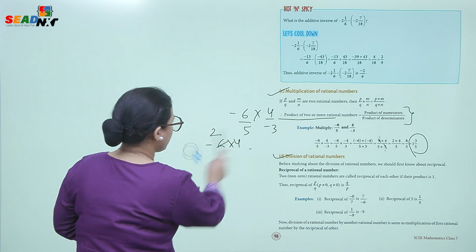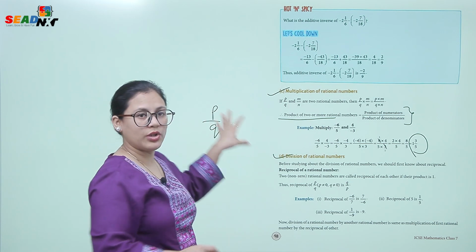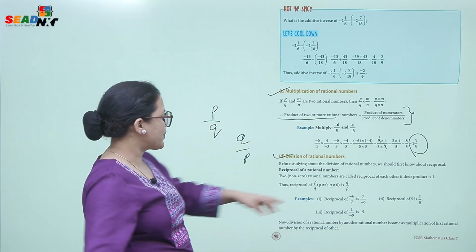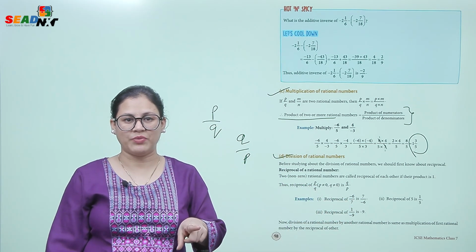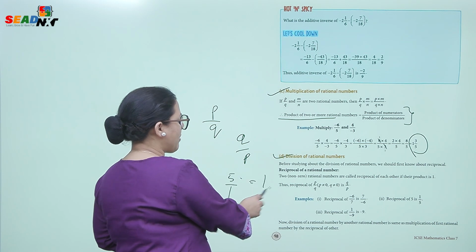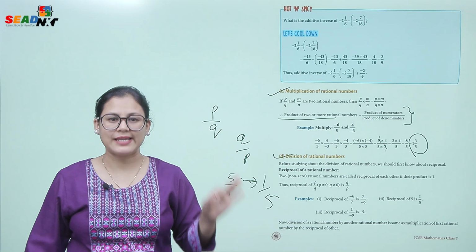P by Q is a rational number. Okay, P by Q. And आपसे इसका reciprocal पूछा जाता है, जैसे इसका inverse करना है, that is Q by P. Okay, so reciprocal of minus 6 by 7 is 7 by minus 6. Reciprocal of 5, okay, 5 is 1 by 5, reciprocal. Okay, and reciprocal of 1 by minus 9 is minus 9.